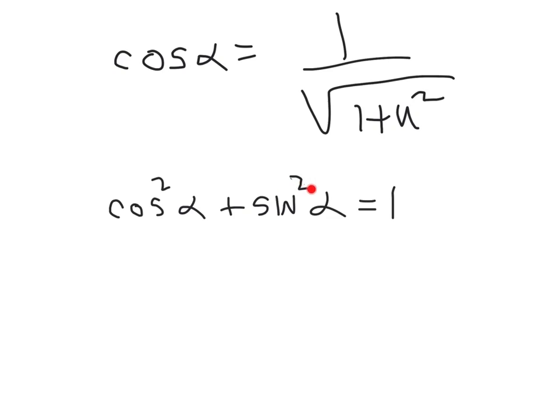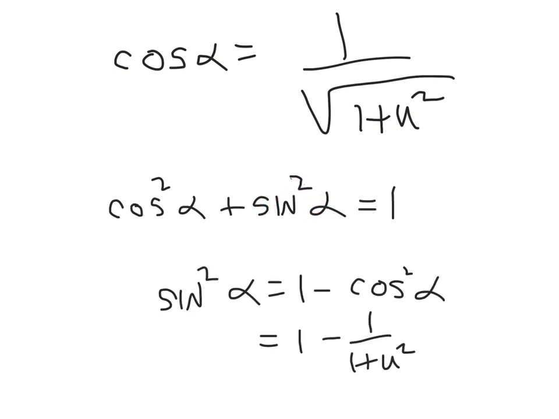Now since cosine squared alpha plus sine squared alpha equals 1, a basic Pythagorean identity, I can figure out sine squared alpha. So sine squared alpha is 1 minus cosine squared alpha. But cosine squared alpha is 1 over 1 plus u squared.